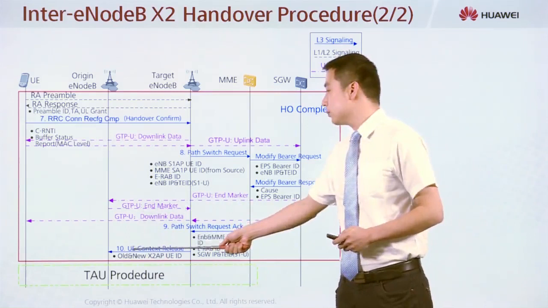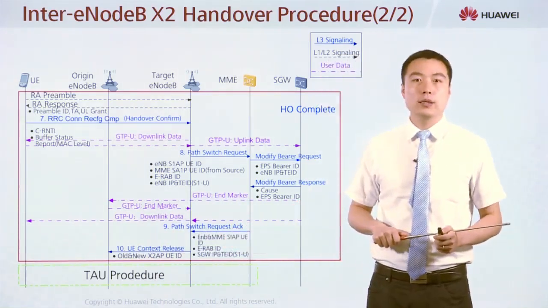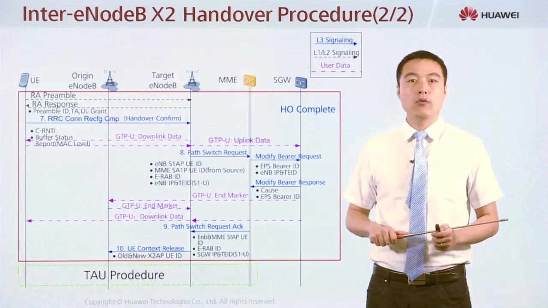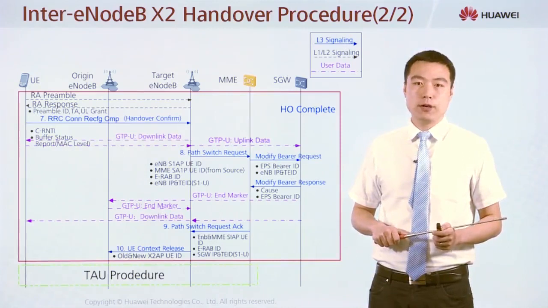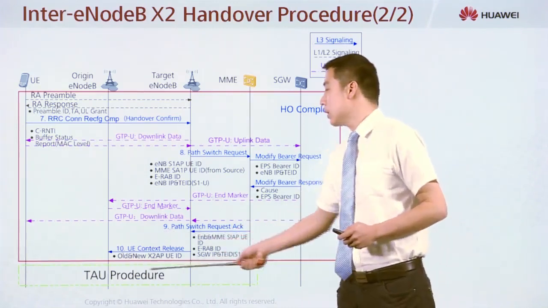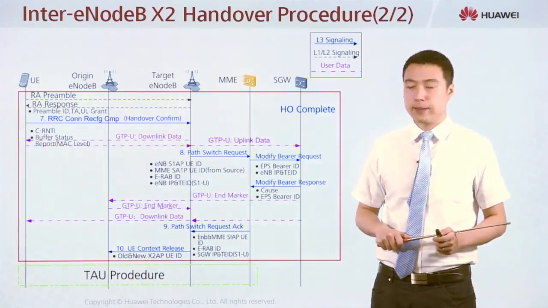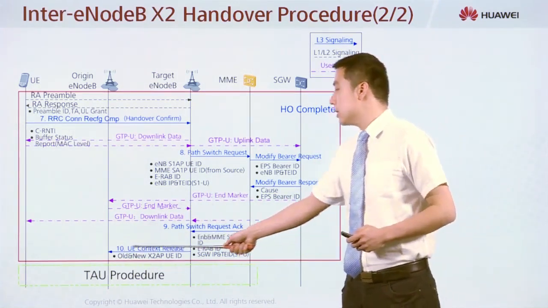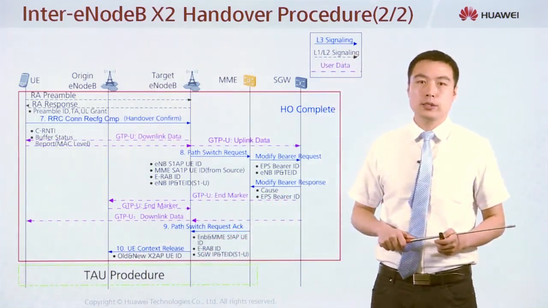In this message, the target eNodeB will tell the source eNodeB whether the handover succeeded or failed. If the handover failed, in this message, the target eNodeB will inform the source eNodeB of the reason for the failure. After this message, the UE also will perform the TAU procedure in the target cell.